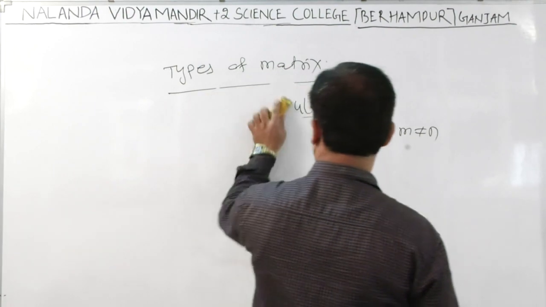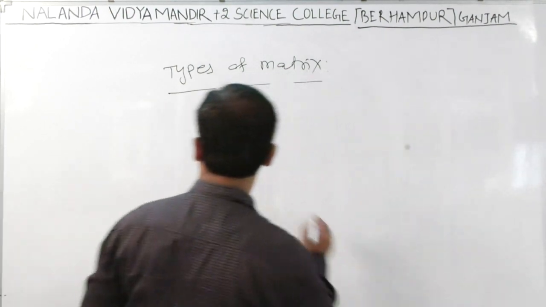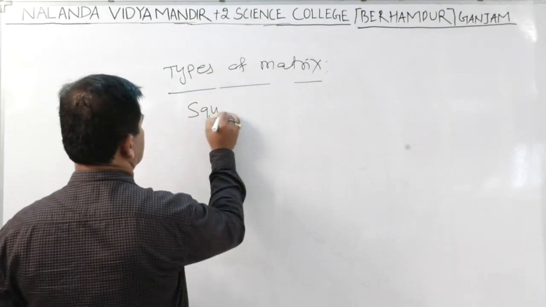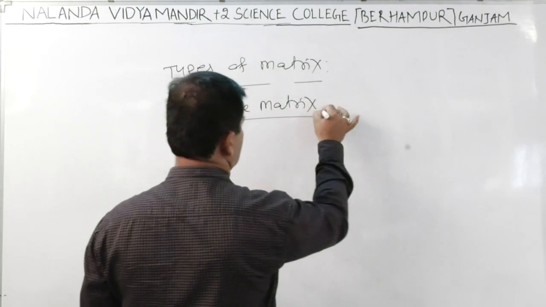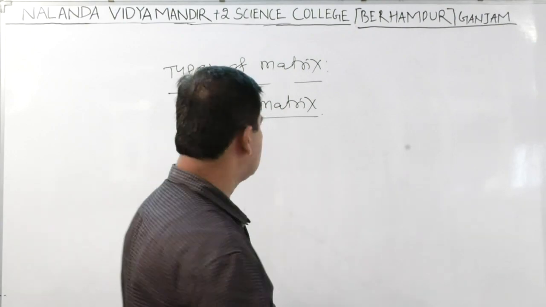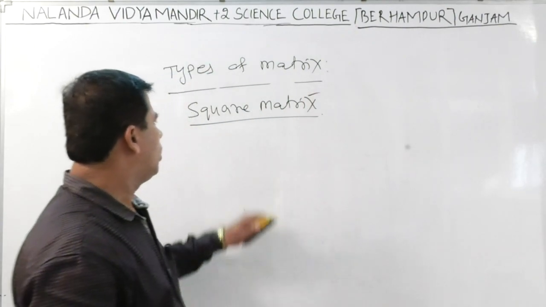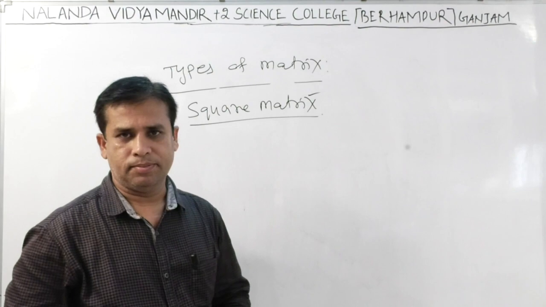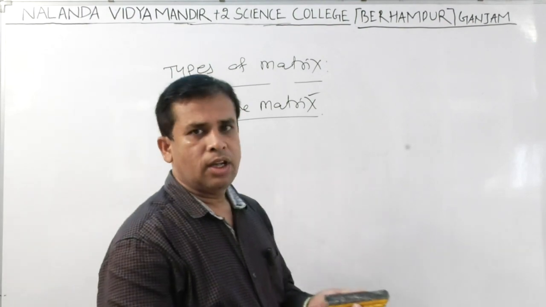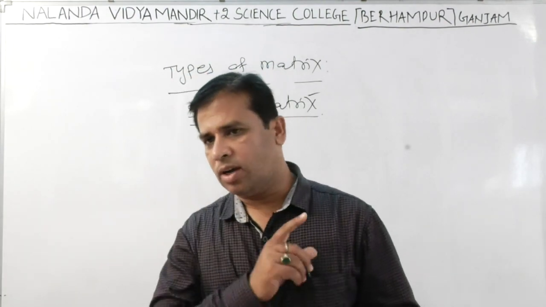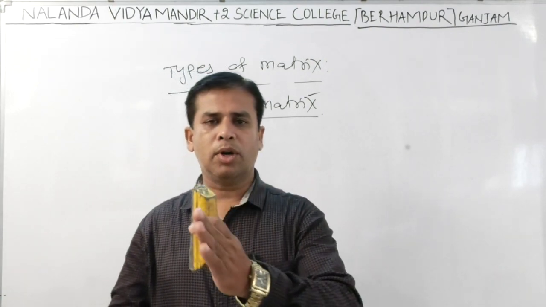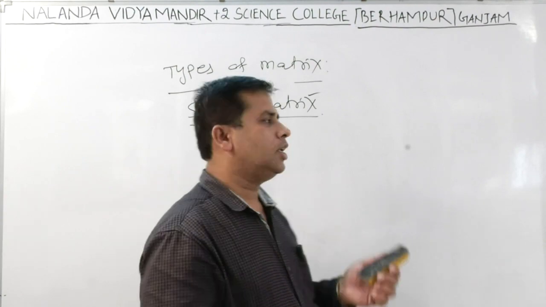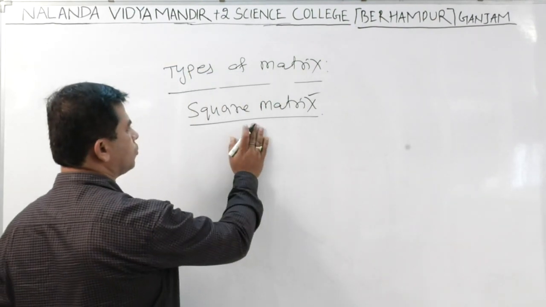Now, square matrix. This square matrix is very important. We say a matrix is square if the number of rows and the number of columns in the matrix are the same.